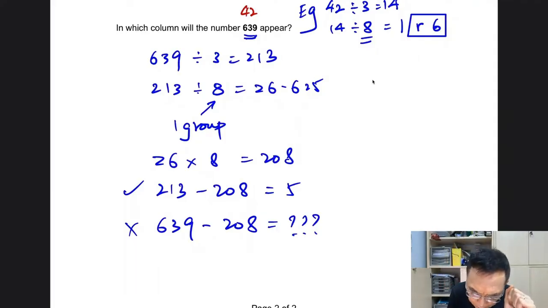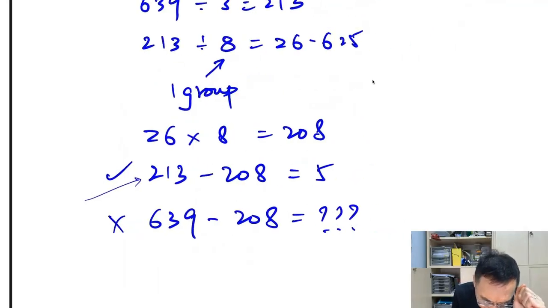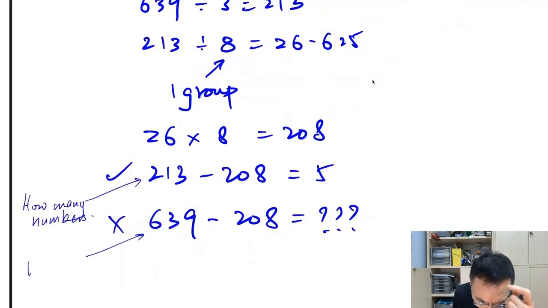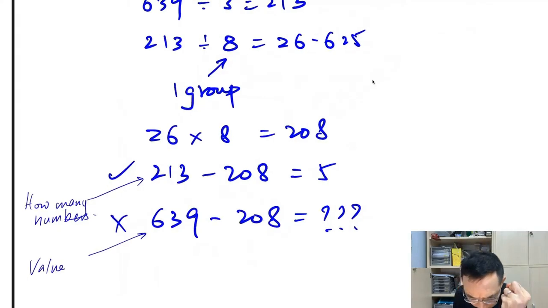213 is how many numbers there are in my question. 639 is the value, how much that number is worth.